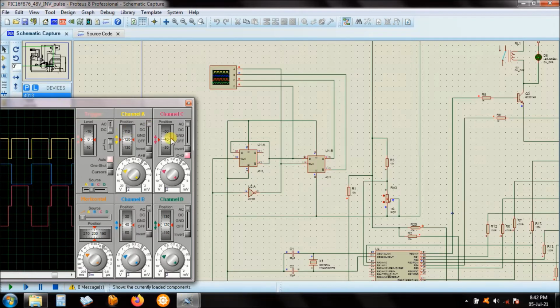The thing that is tricky there now is these 4 output lines: pin number 1, pin number 2, pin number 13, and pin number 12.